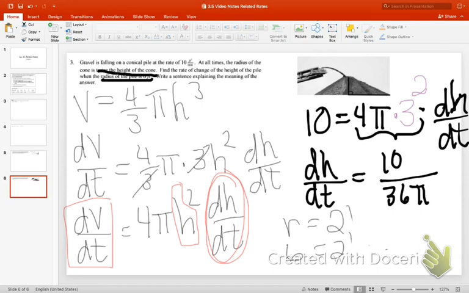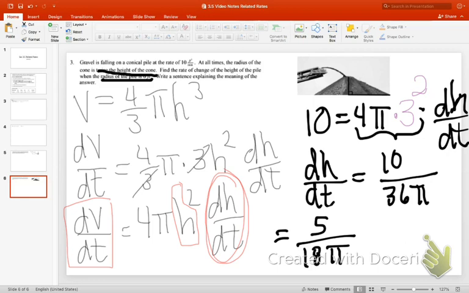Let me just erase this. There we go. So dh/dt is equal to, we'll reduce that down to 5 over 18 pi. This is the rate of change of the height of the conical pile, the cone, when the radius is 6.